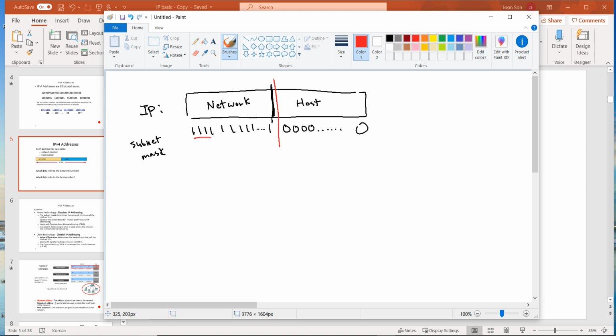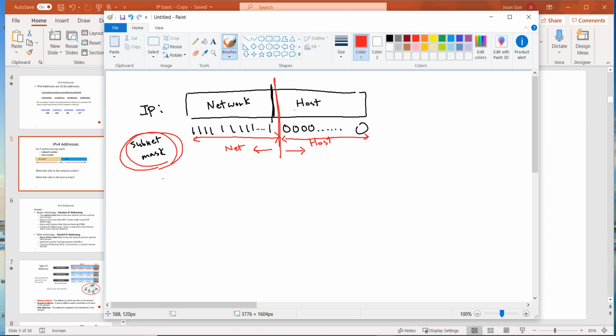All the ones here are the network portion, and this is the host portion. So the main role of the subnet mask is that it tells us where we can draw this boundary. The left side is the network portion, and the right side is the host portion. So that's the main role of the subnet mask, right?